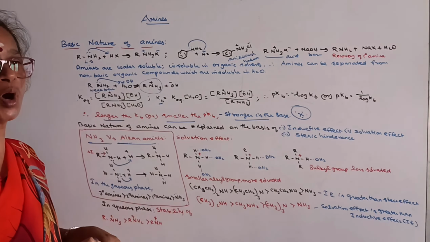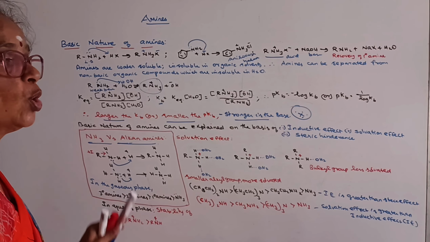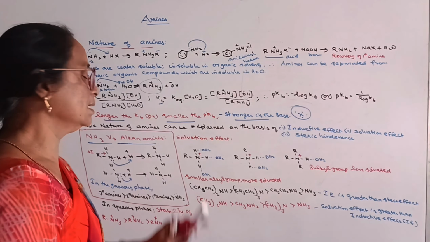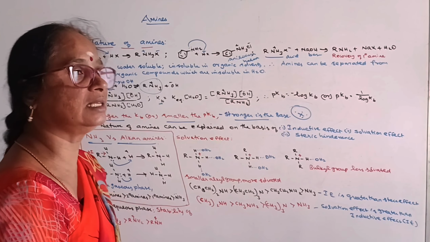So depending on the type of alkyl group present in the amine and the type of inductive effect of the alkyl group, along with the solvation effect, we can discuss how far the basic nature of amines changes over the substituted ones, that is the primary, secondary and tertiary.